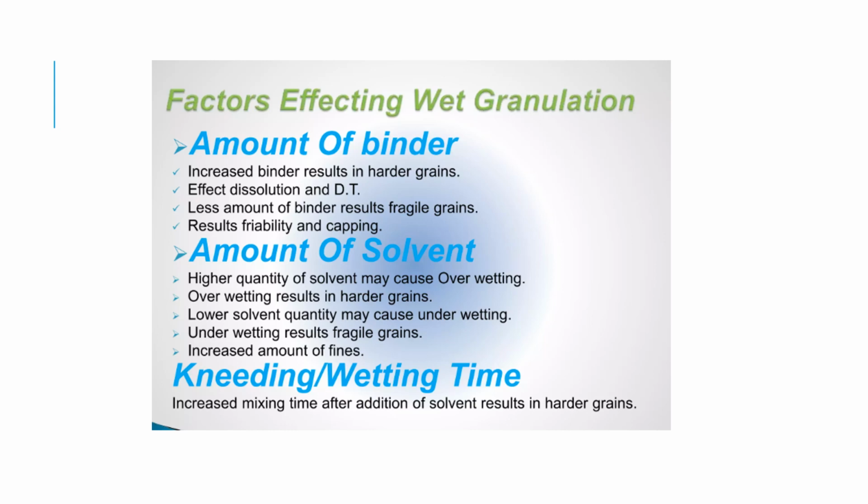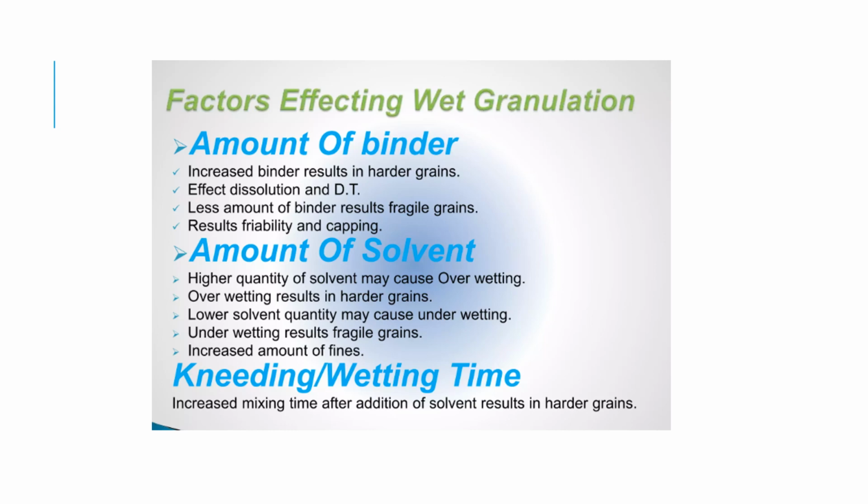Next, the second factor is amount of solvents. While wetting the powders, if we are using a higher quantity of solvents, it may cause overwetting. As we already said, if the amount of solvents that we use to wet the powder particles is more, it may cause harder granules.